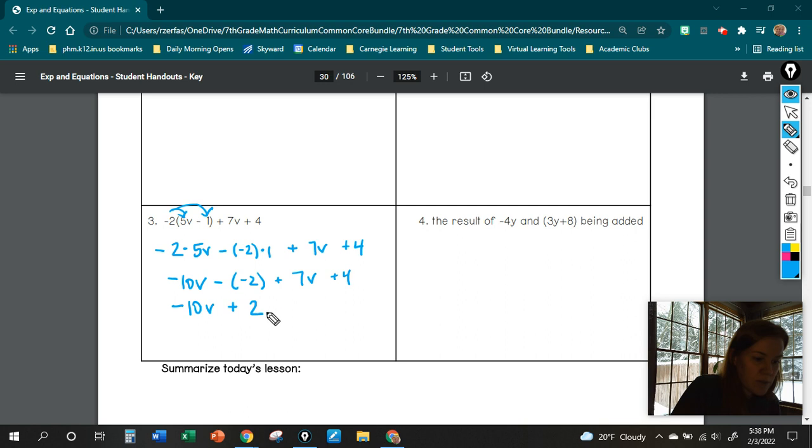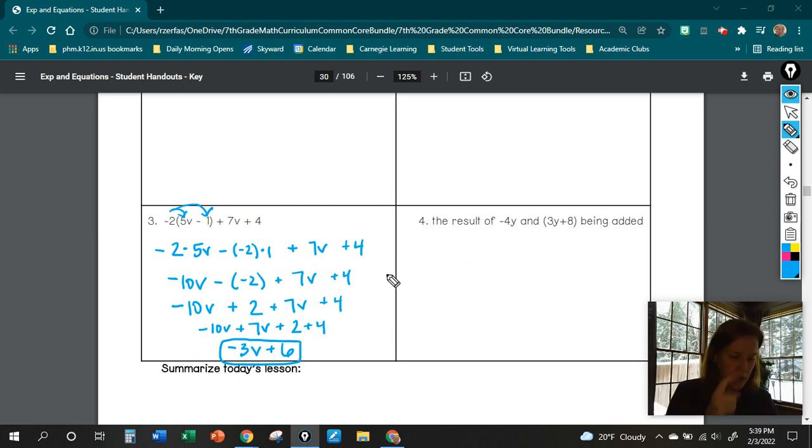All right, here I'm going to use keep change change. Okay, so number 3, you should get -3v plus 6. You can check how I did my work. Some of you will get good enough at these properties that you don't need to even write out all of them, like the commutative property to move things around, but I'm showing those to you to show how everything works.